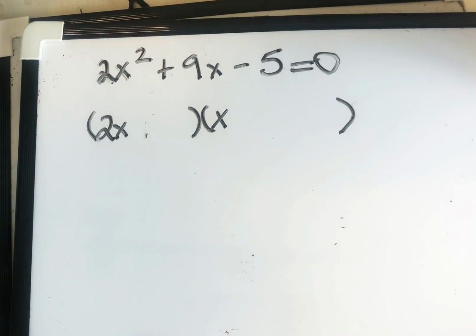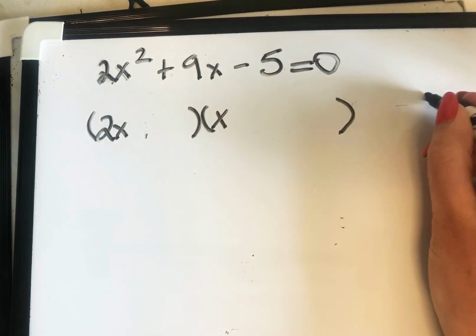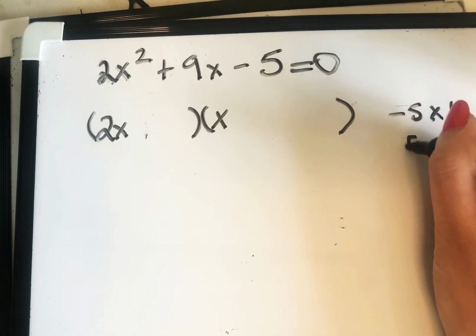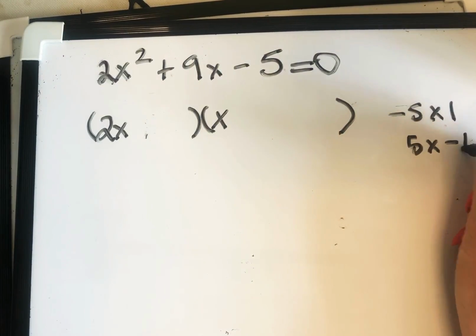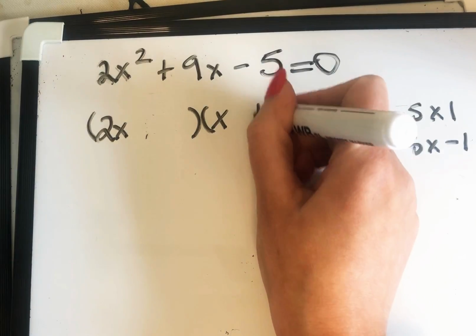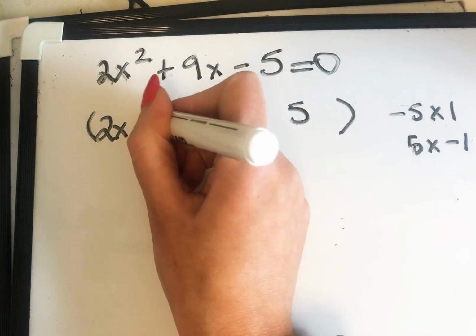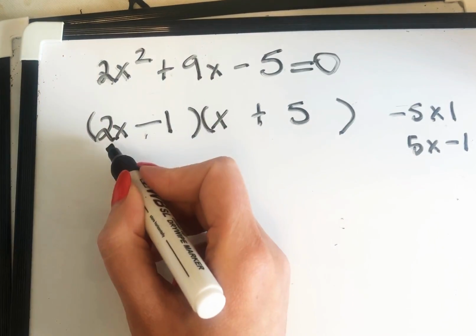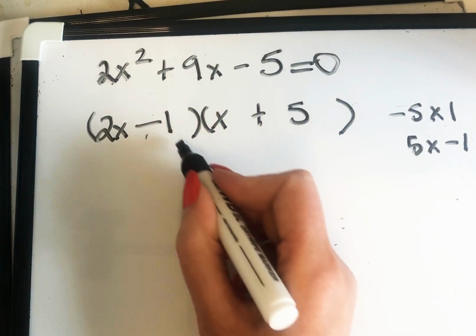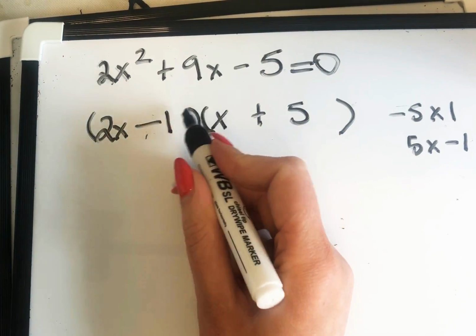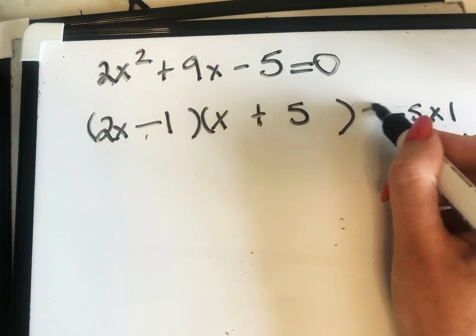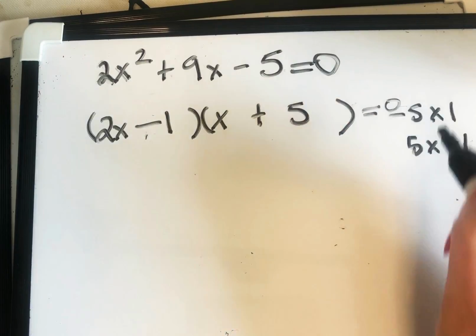It's 1 multiplied by minus 5, or 5 multiplied by minus 1. So let's put a 5 here and a minus 1 there. Let's check. 2x by x is 2x squared, 2x by 5 is 10x, minus 1 by x is minus x, and minus 1 by 5 is minus 5. So that's true.